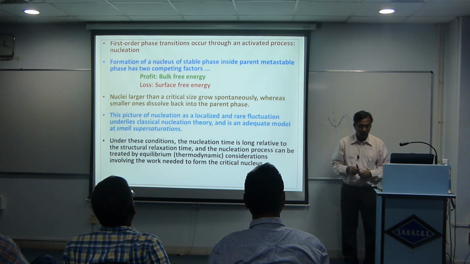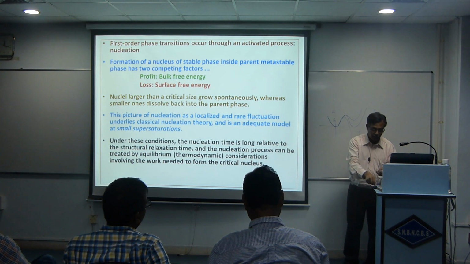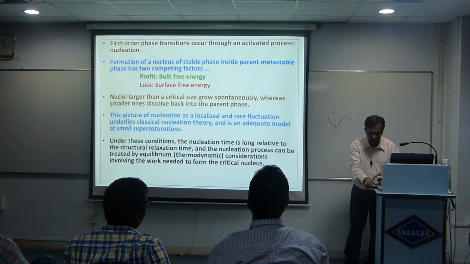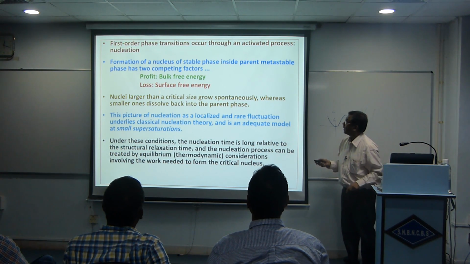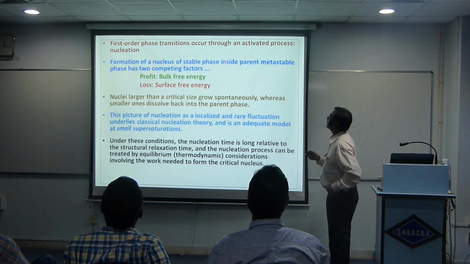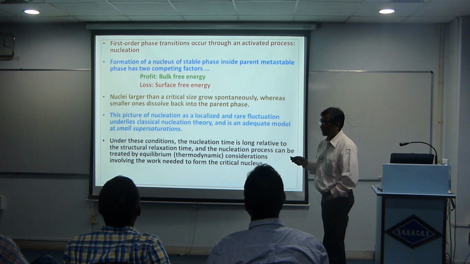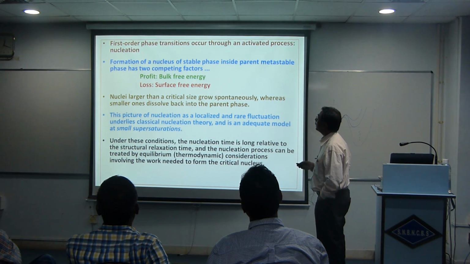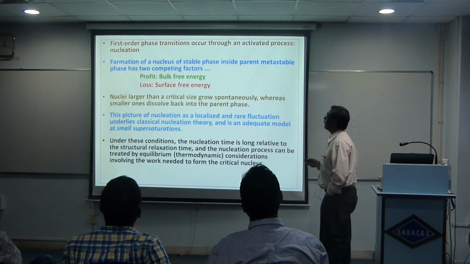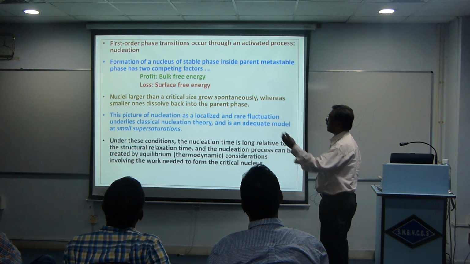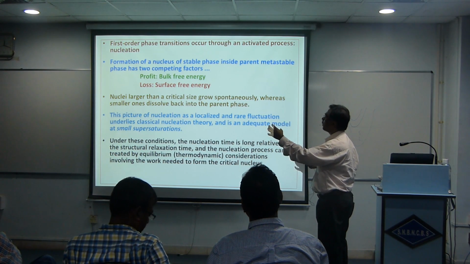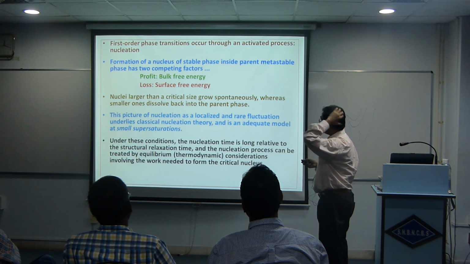Now, the statements I have made here are pedagogical: first order phase transitions are activated processes, which I will explain, through nucleation, and there are two competing factors. If you try to grow an embryo, a new phase into an old phase, you have two things.